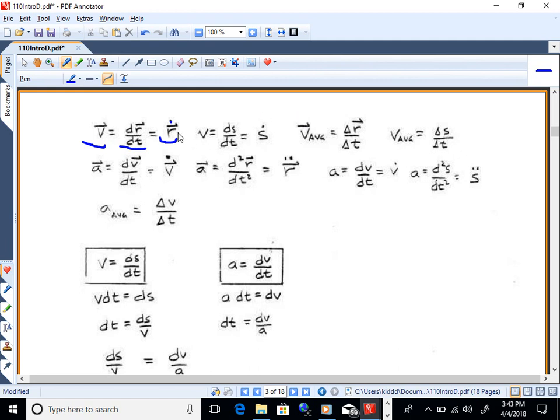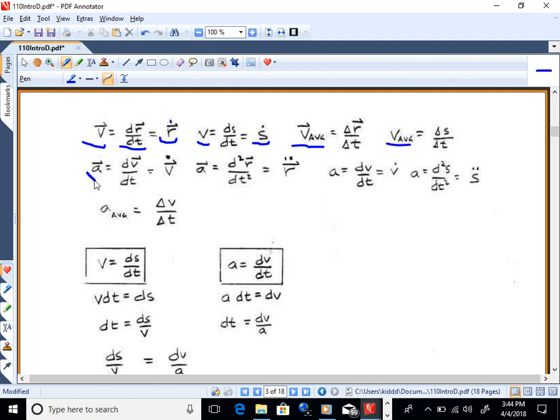So a velocity vector is r dot, velocity scalar is s dot. Now those are instantaneous because they're based on calculus. We can also calculate average velocities, which would be delta r or delta s over delta t. So velocity is a change in displacement with respect to time.